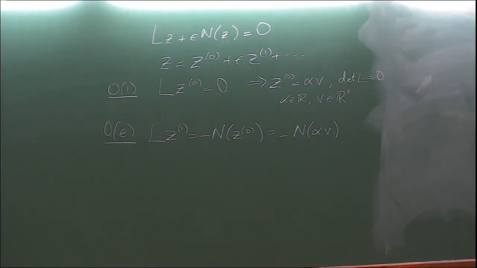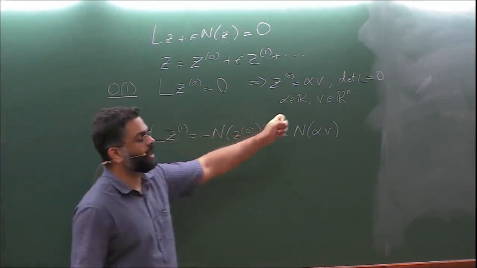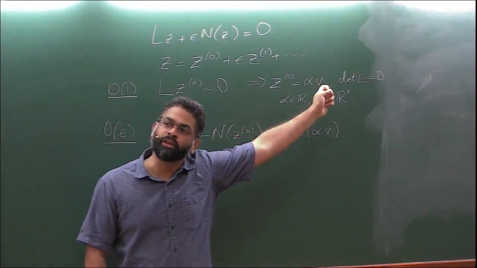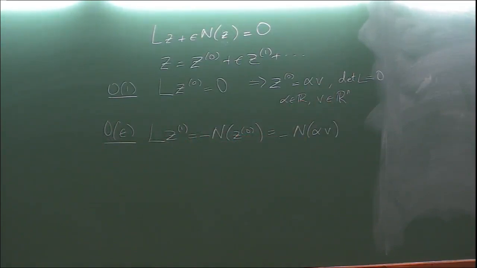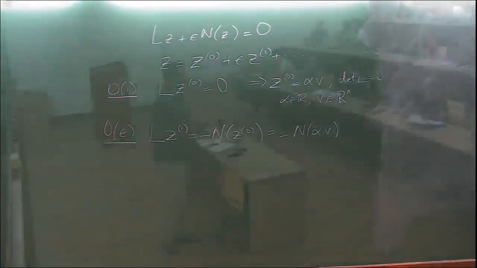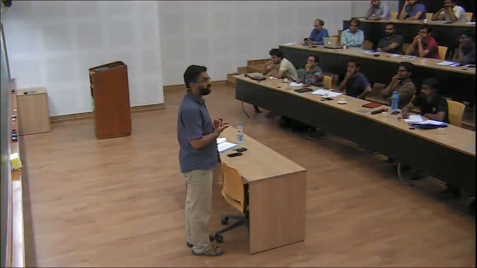Question is, what if the kernel is multidimensional? Let me just consider a specific vector V. So let me consider a one-dimensional object for Z0. I could do multidimensional.